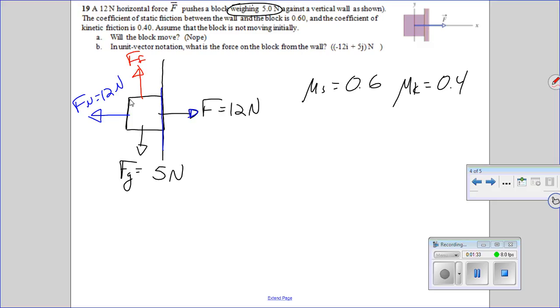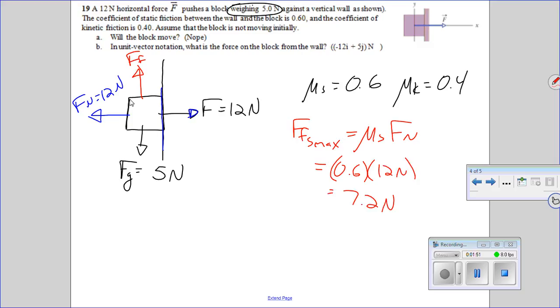Okay? So let's find our maximum force of static friction. So our force of static friction max, well, that's just equal to our coefficient times our normal force. So our coefficient of friction is 0.6. Our normal force is 12 newtons. Multiply that and you get 7.2 newtons.